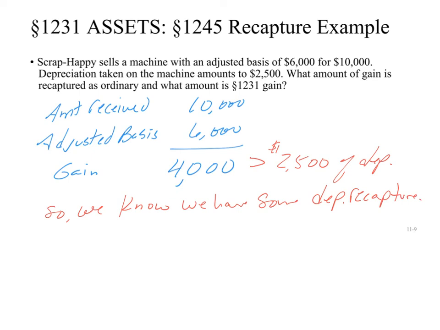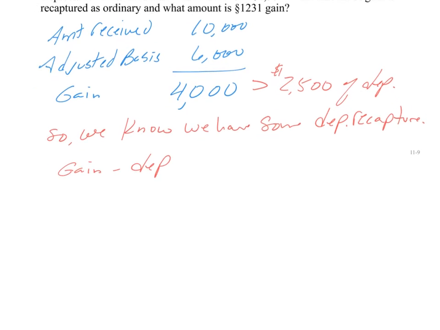Okay, how much depreciation do we have to recapture? Well, let's look at our gain minus depreciation. So our gain is $4,000 minus $2,500.